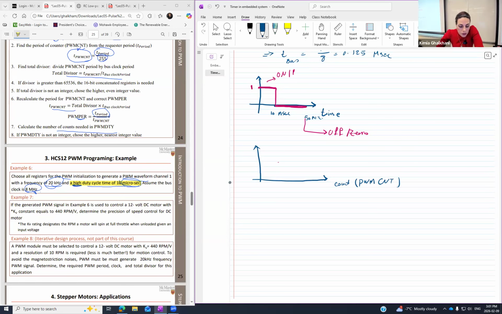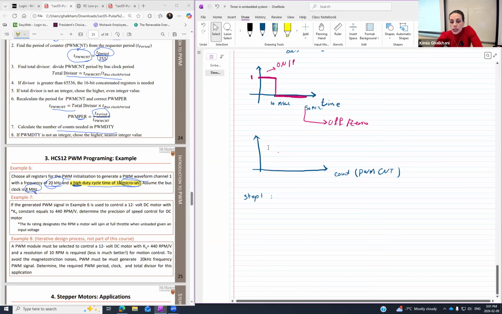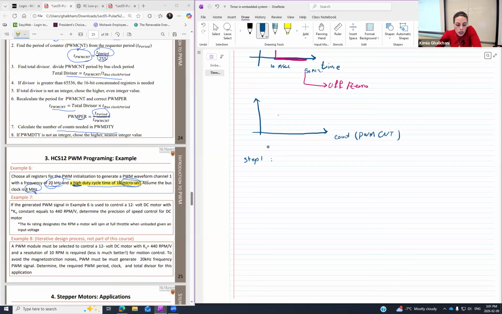And then I'm going to calculate first, select the largest. Step 1, this is important. Try to learn this part. You have to first select the largest one. The largest what? The largest PWMER.